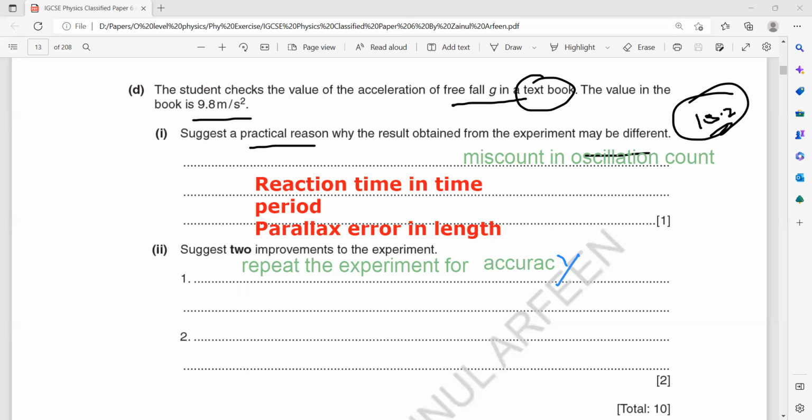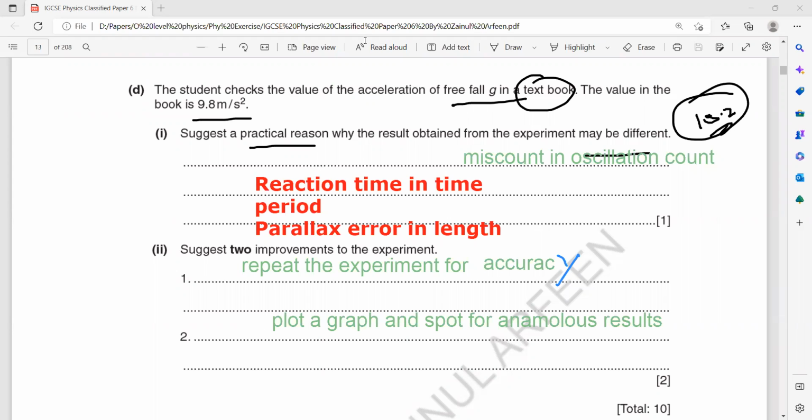Or the second way to improve the experiment: whenever you want to identify the errors, you should always plot a graph. Basically, when you are plotting a graph, you are improving it, because when you plot a graph you need more values. And how will you have more values? By repeating it. So it's the same thing: plot a graph between the quantities.